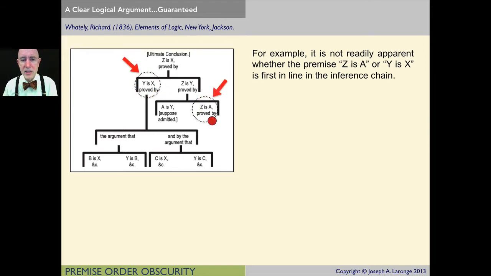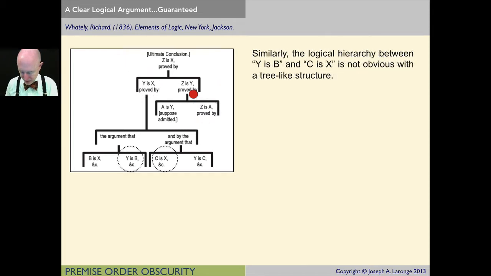Y is X, Z is A. In the same argument map, here's just an example of two more. You have the premise Y is B and C is X. And here again, it's not clear which one is first in the inferential line of reasoning.